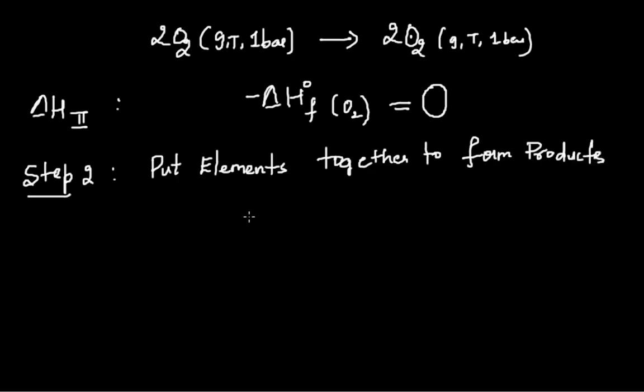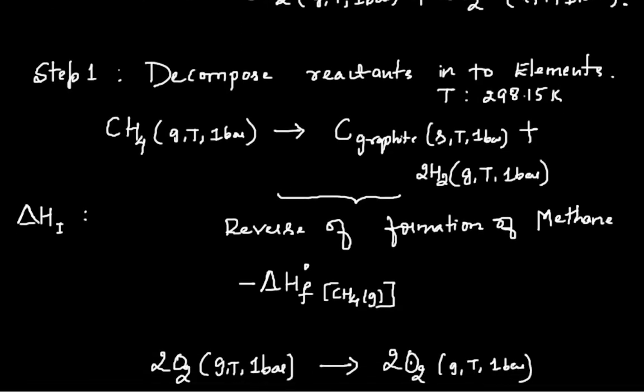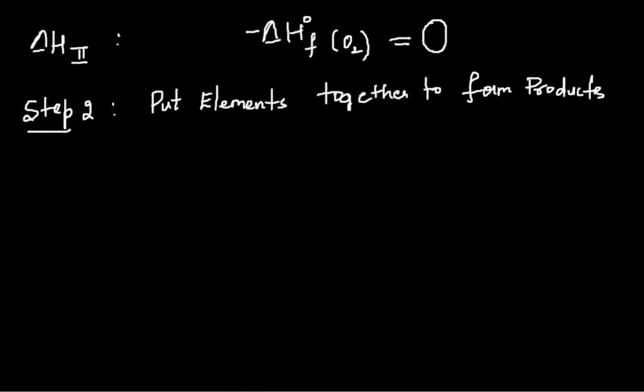What are the products that we are looking at here? One is CO2, carbon dioxide, and the other is water. Let us see how we can get both of them.